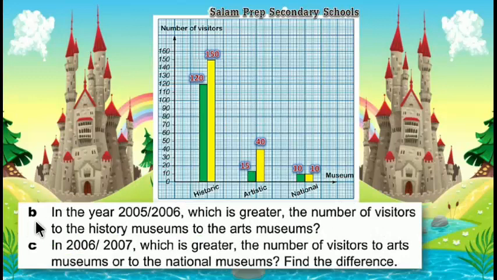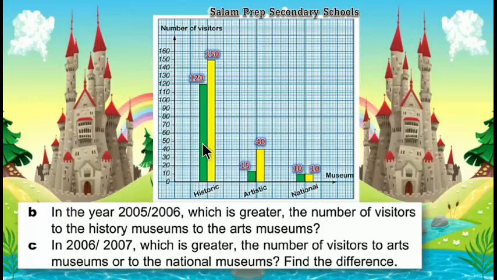Second requirement: in the year 2005-2006, which is greater? The number of visitors to the history museums, or to the arts museums. Please look with me. We want to look at the year 2005-2006. We will look at the first column with color green, okay?